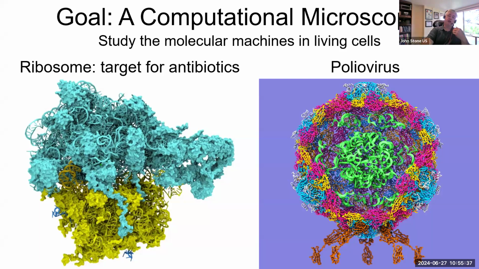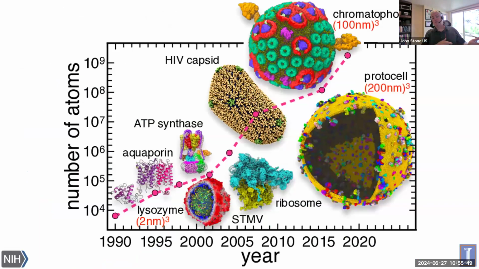So we don't just want to see those structures, although that's very important. We want to be able to measure their physical properties. We want to be able to make changes to those structures, to evaluate various things. And we want to be able to do that over all of the biologically relevant spatial and temporal scales.